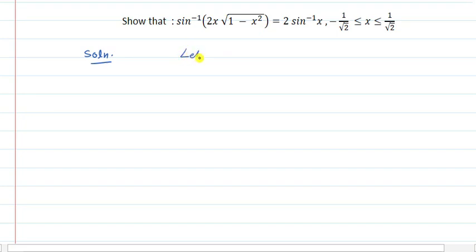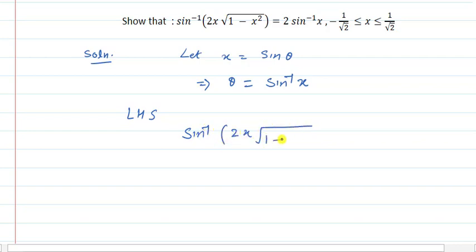So let us substitute x as sin theta. So clearly we are getting theta is equal to sin inverse x from here. Now let us substitute the value in our LHS. So LHS is sine inverse 2x square root of 1 minus x square.